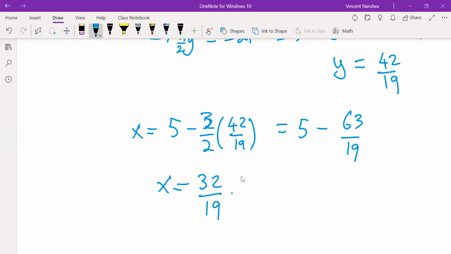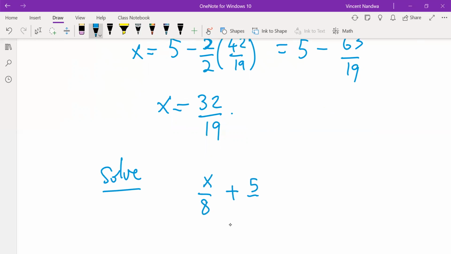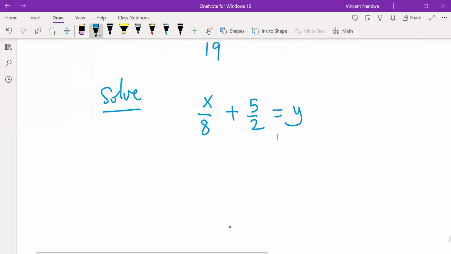Next, we have: solve x over 8 plus 5 over 2 equals y, and 13 minus y over 3 equals 3x.